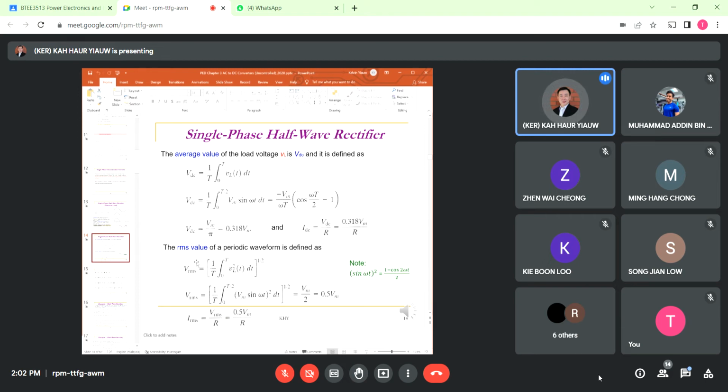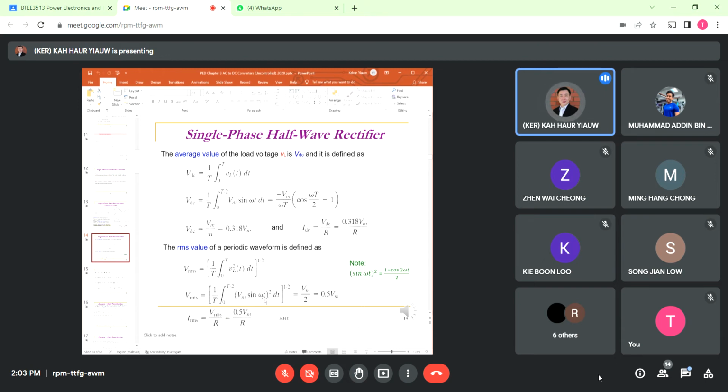IRMS is root mean square. So you have a similar setup to VDC, but just that your Vm sine omega t here is squared, and then the whole thing square root 2. If you have this formula here, sine squared, it is difficult for you to do the integration.